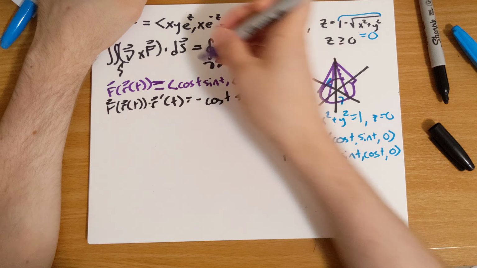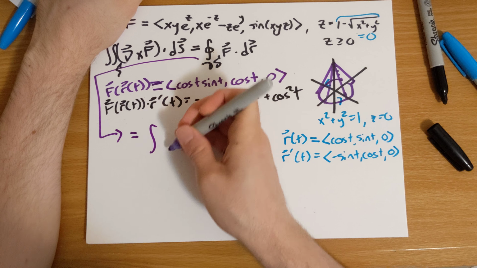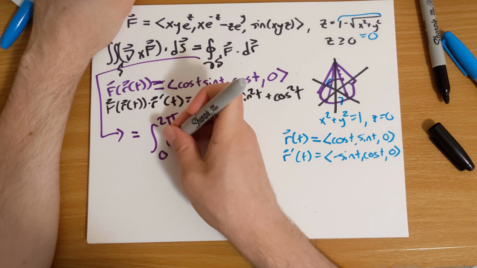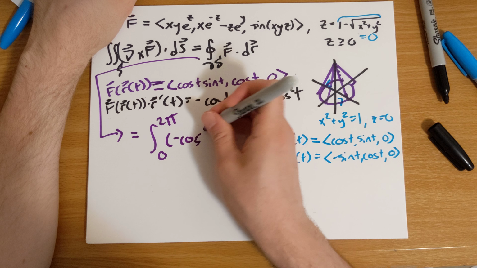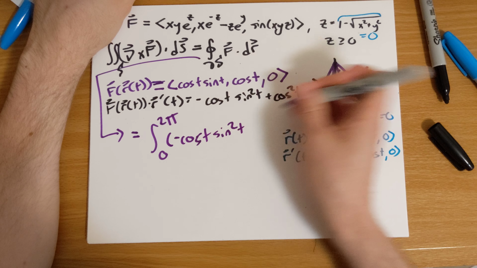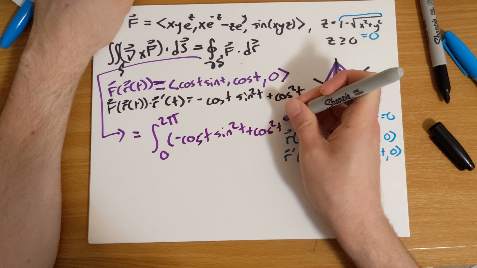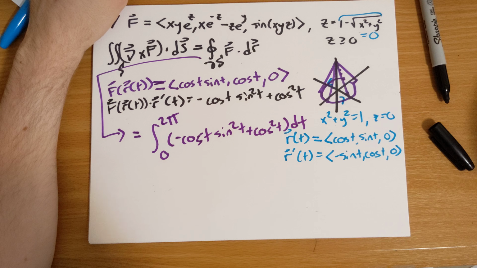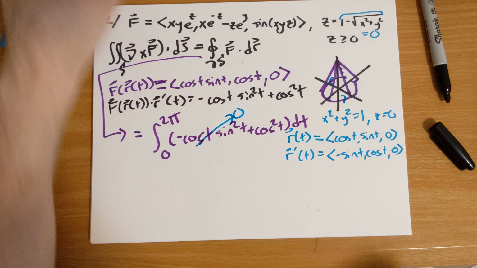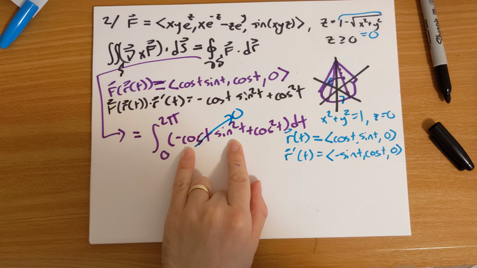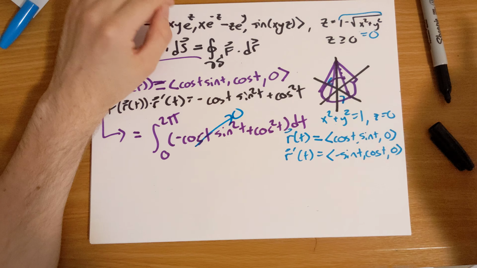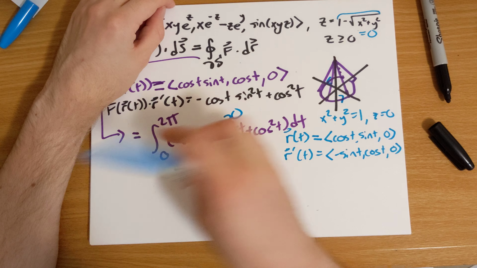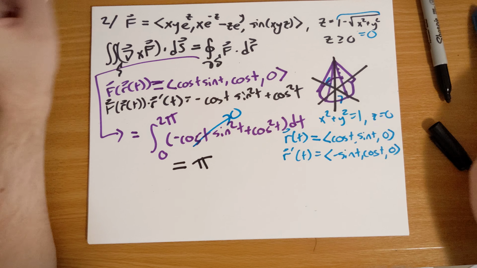So this integral ends up equaling the integral, of course, our bounds here, t runs from 0 to 2 pi, of negative cosine t sine squared t plus cosine squared t dt. To finish off this problem, I'll just comment here, when you integrate negative cosine t sine squared t on this interval, that will give you 0. And so at the end of the day, we just integrate cosine squared t here, and we'll have pi as our final answer.